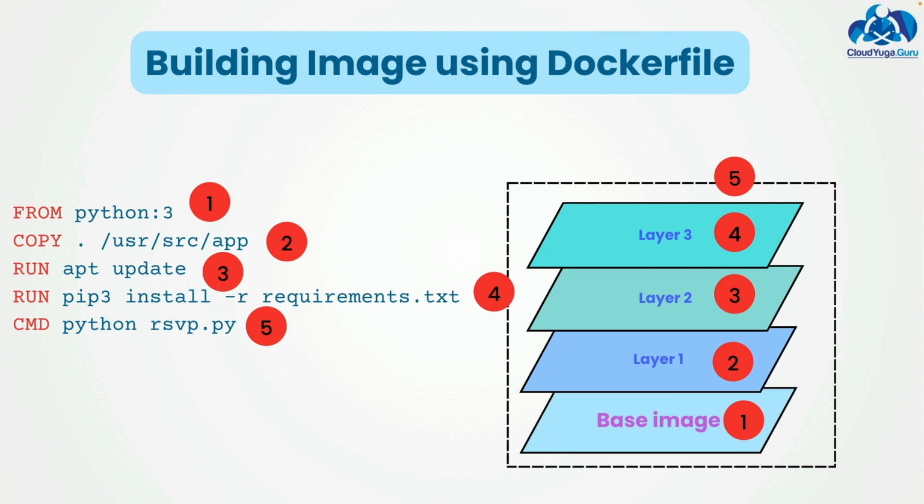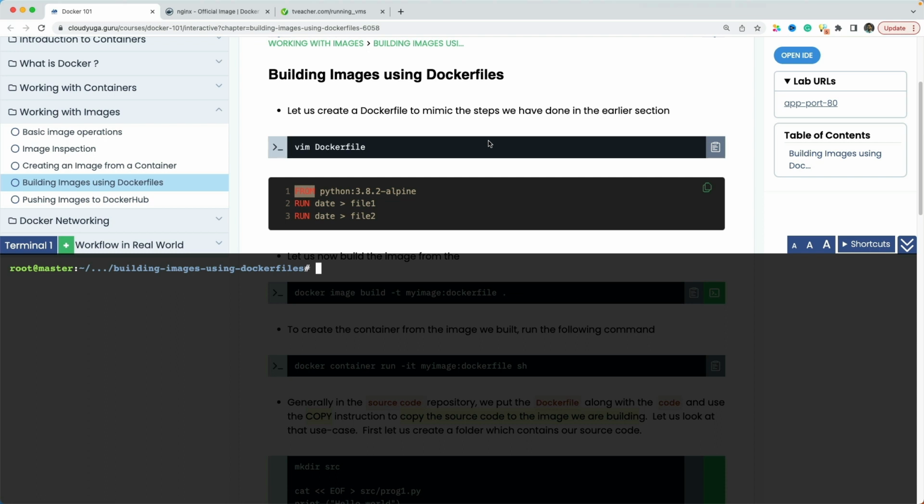So with this information, let us now go ahead and do some hands-on. The first example what we have is going to help us create the similar image what we have seen earlier, in which we created the image from a running container. So here we have a Docker file. In this Docker file, we are going to have 3 instructions to create our image.